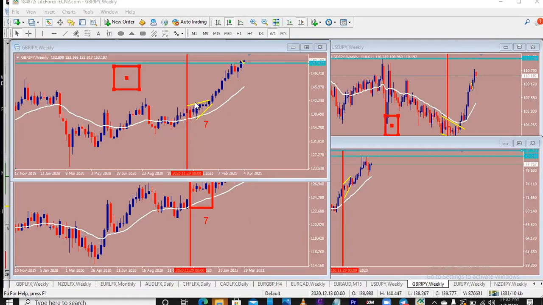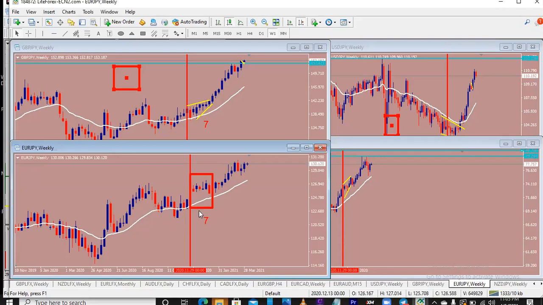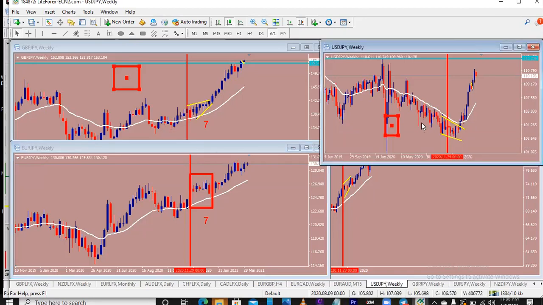Great Britain JPY was moving higher, but it's kind of ranging. Euro JPY retraced fully well. USD JPY was even still in a sell zone. Are you seeing it?